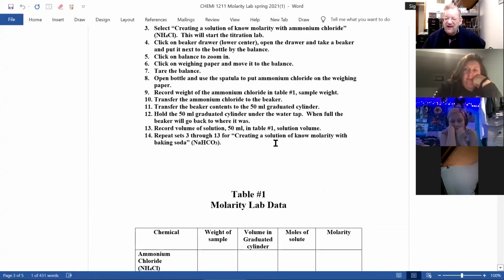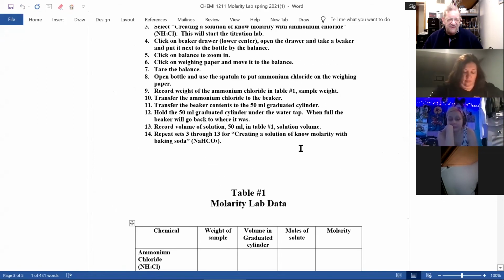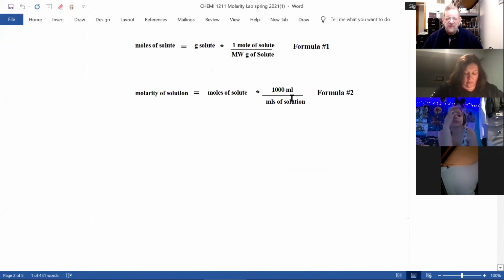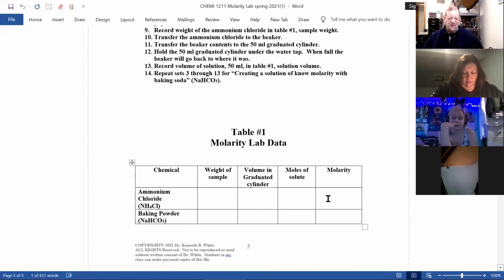Does everybody see the lab on the screen now? You put the weight, you have the volume, 50 mils, you can calculate the moles, and then the molarity, you'd use moles times 1,000 divided by 50. And that will give you the molarity.